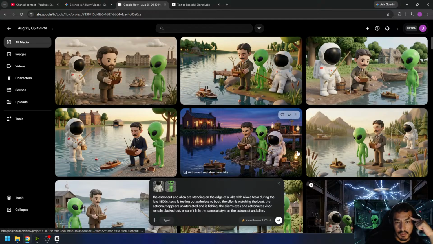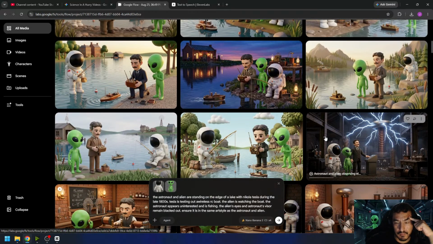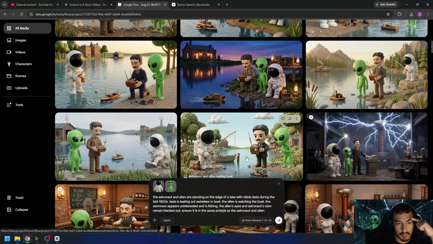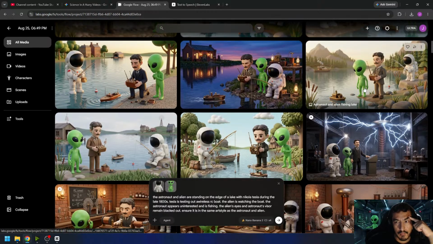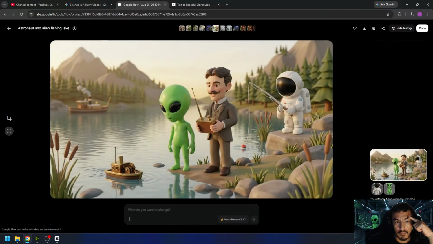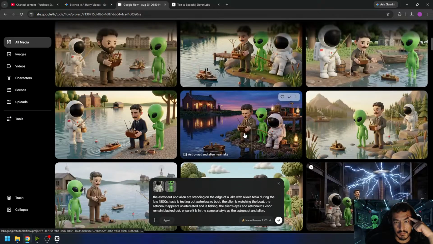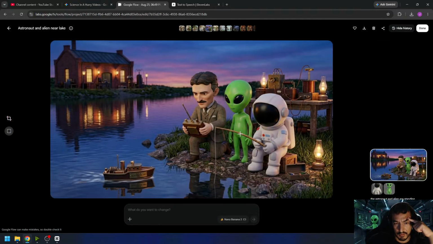All right. It's a good one, although I wish the little boat was pointed the other direction. This one's not too bad, despite the astronaut fishing in shallow water.